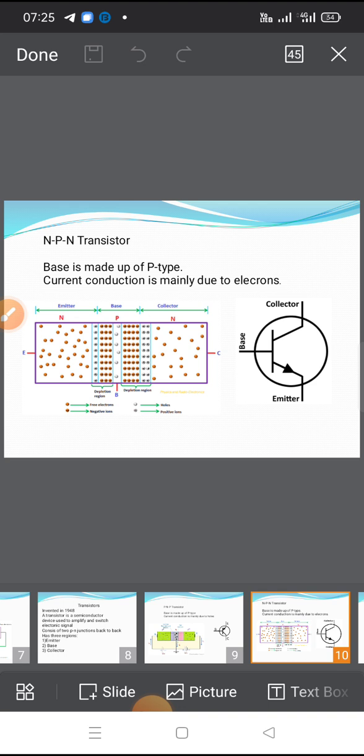This slide shows the NPN transistor. When the emitter-base junction is forward biased, a small barrier voltage is seen.